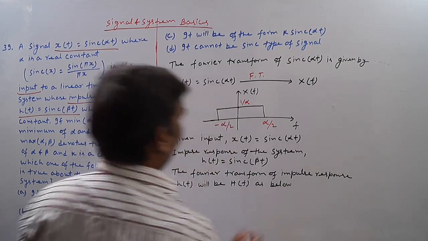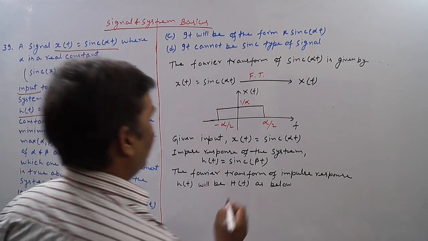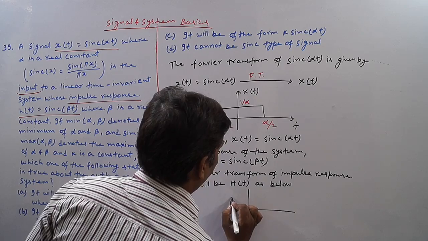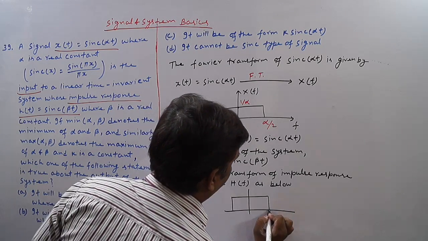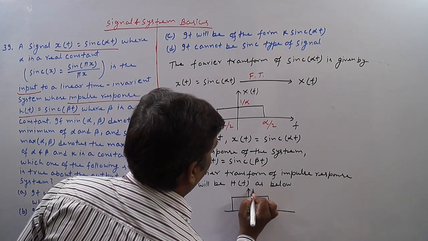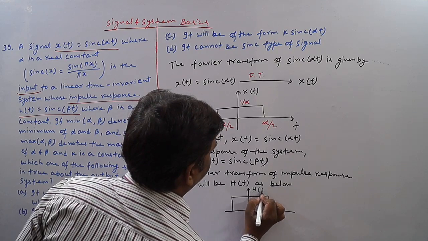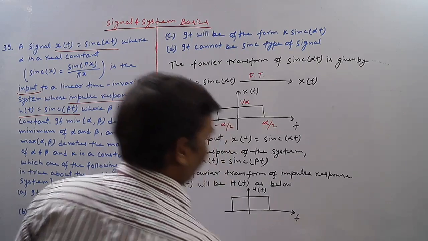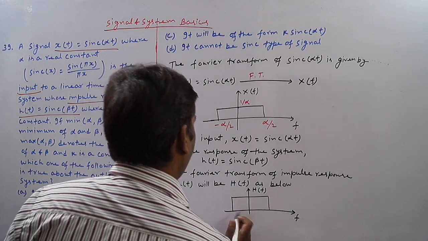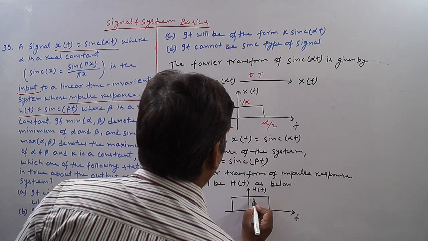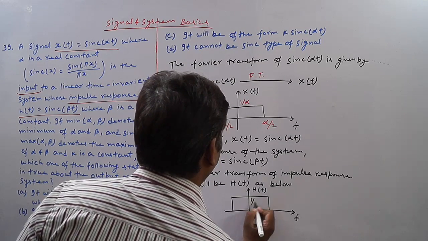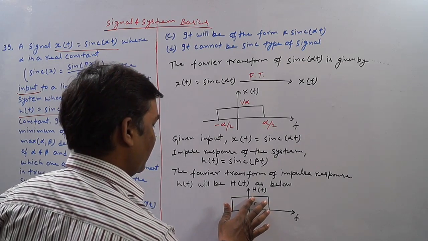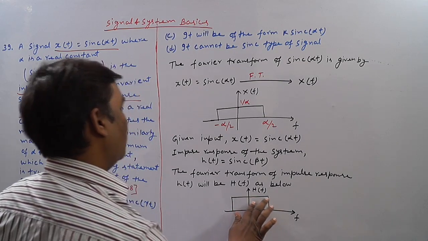If we represent it in the frequency domain, it will look like this: H(f) against frequency f, and again here it will be 1 by beta. Let me write it in red so that it is visible.